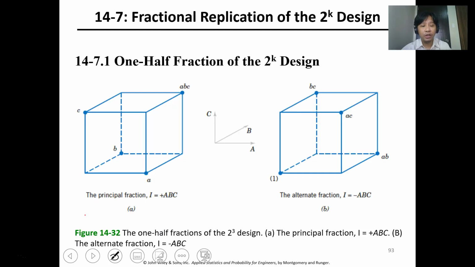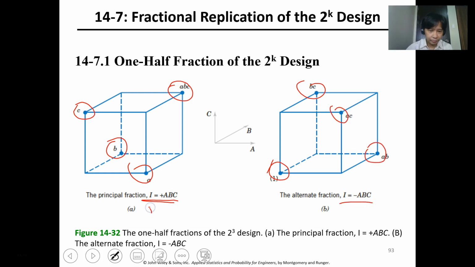So dinivide mo lang sa dalawa. Ito yung isa, yung principal fraction, which is the plus, and this is the alternate fraction, which is the negative. Ayun yung I natin. So 1/2 fraction of the 2^3 design, the principal and the alternate fraction.